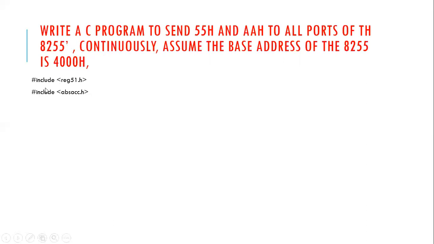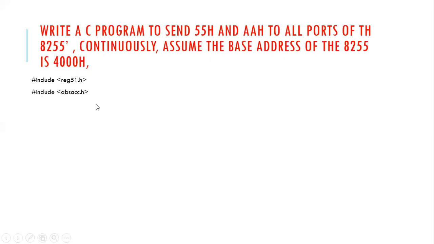This will help us with external memory interfacing and also external 8255 interfacing, because we are going to send data to and fro between the microcontroller and the 8255. To access this, special functions are defined here. Let us discuss that in detail as we use the particular construct.